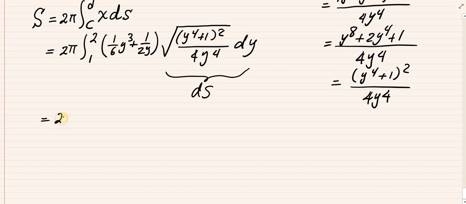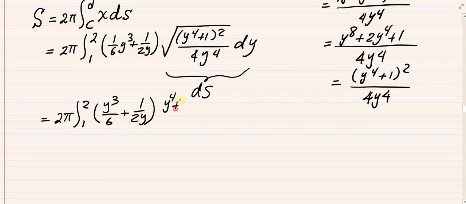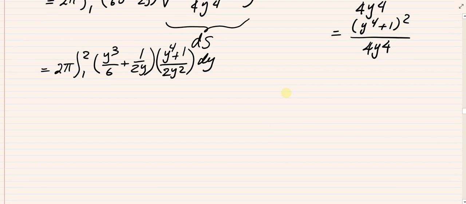So that's going to give me 2 pi integral from 1 to 2 of y cubed over 6 plus 1 over 2y. The square root just gives you y to the 4th plus 1 over 2y squared. And there's dy. Okay, and let's see, what am I going to do next?